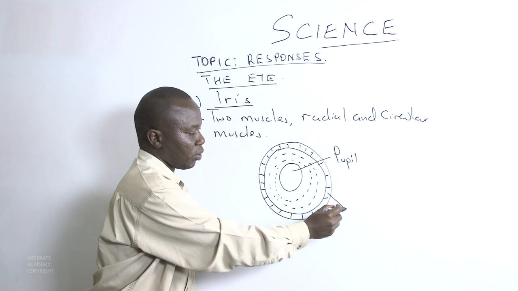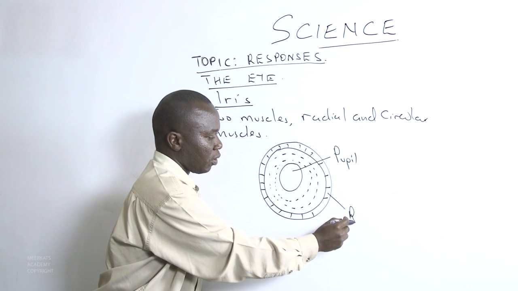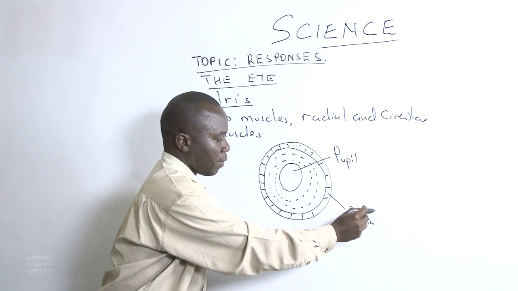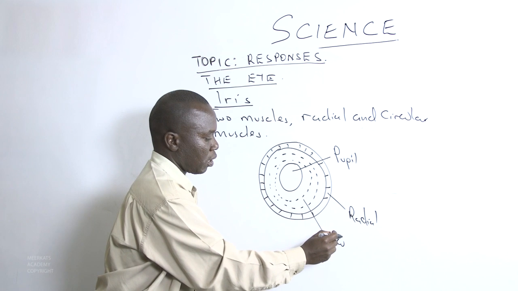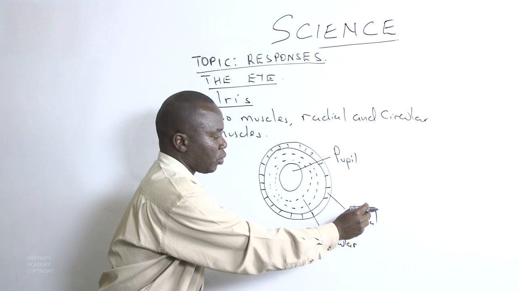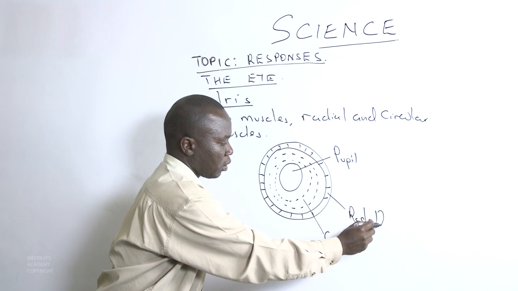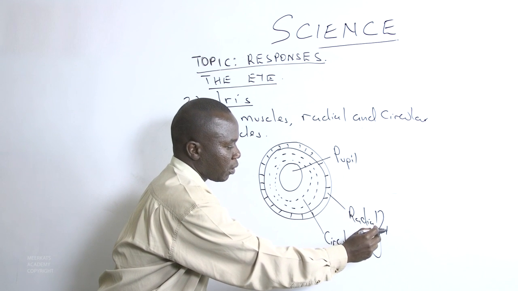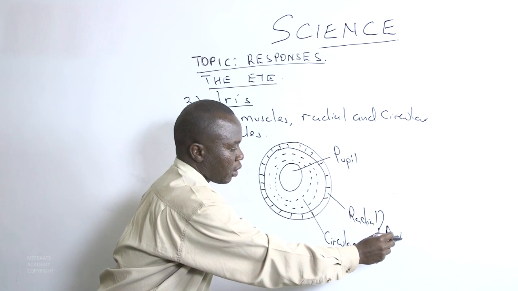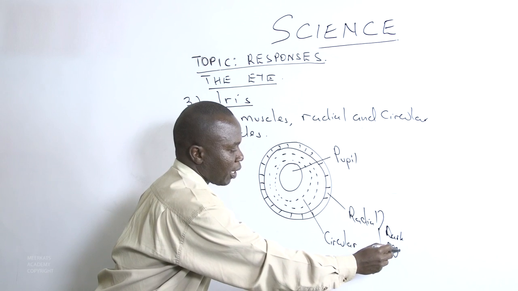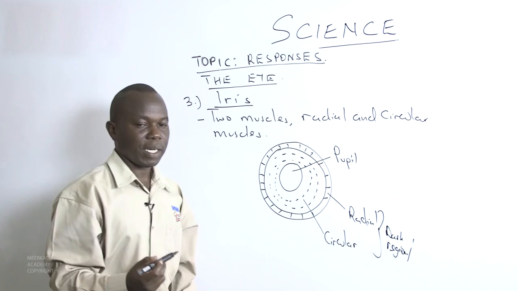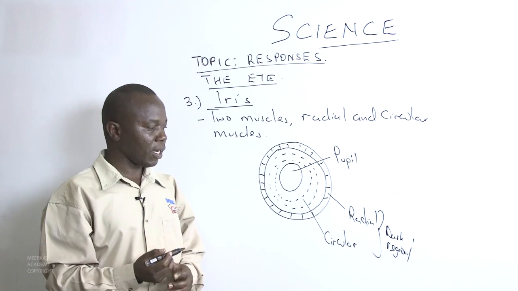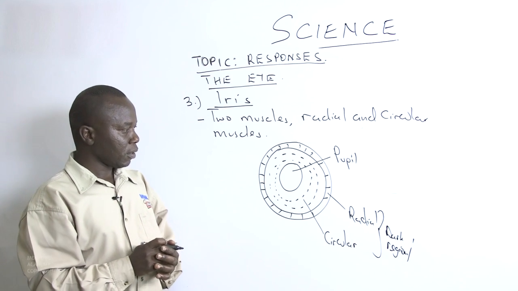But we have the muscles. This is radial and circular. So these two muscles are the ones that form that dark region, some colored region. It could be dark or any other color, sometimes not very dark or gray.